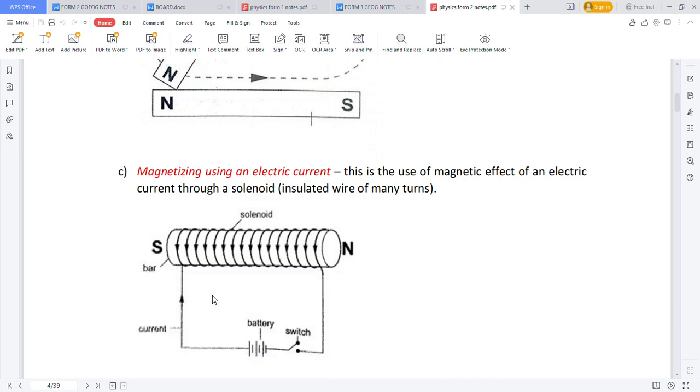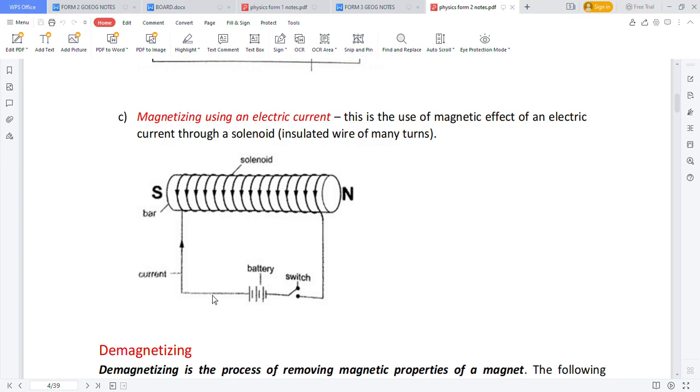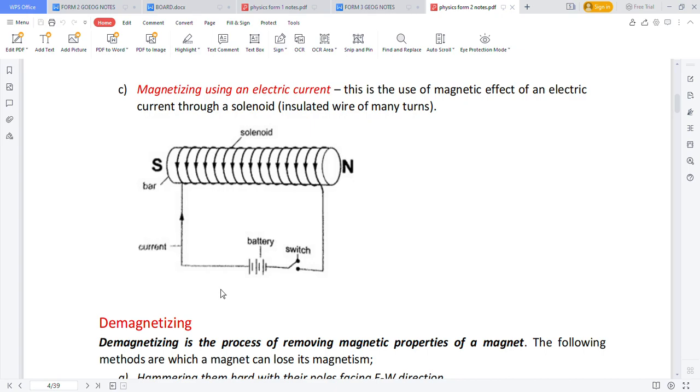Magnetizing using an electric current. This is the use of the magnetic effect of an electric current through a solenoid, an insulated wire of many turns. So that is what a solenoid is. As you can see on the diagram, we'll go deeper later in the topic, where we are going to know how to determine the polarity of the magnet.